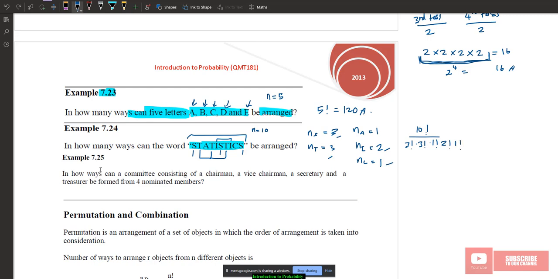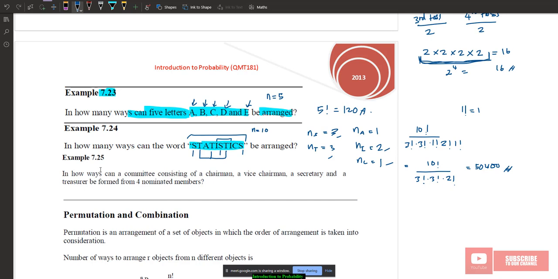But you need to remember 1 factorial is equal to 1, right? Any number multiplied by 1 is that number. So this should be equal to 10 factorial divided by 3 factorial multiplied by 3 factorial multiplied by 2 factorial. So this should be equal to 50400, right? So there are 50,400 ways to rearrange the word statistic, right?